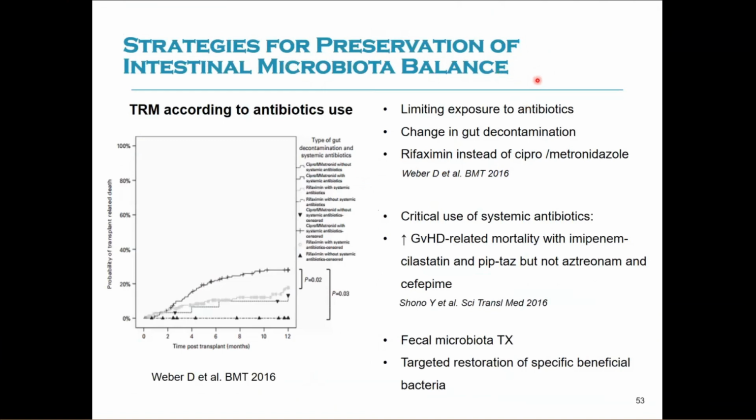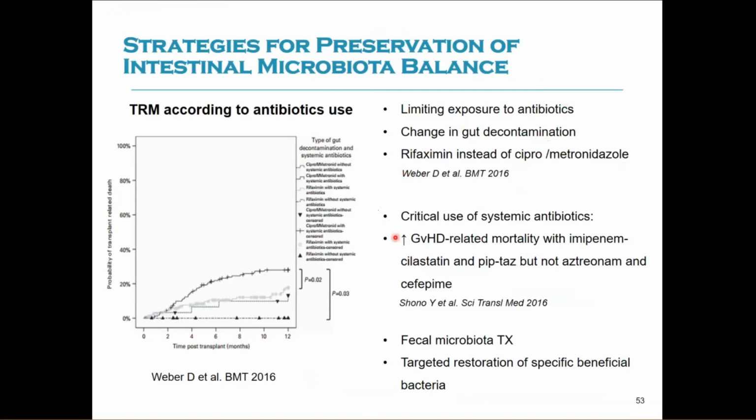One possibility may be limiting exposure to antibiotics with a change in the gut decontamination. So instead of ciprofloxacin and metronidazole, rifaximin could be used, published by Weber in 2016.